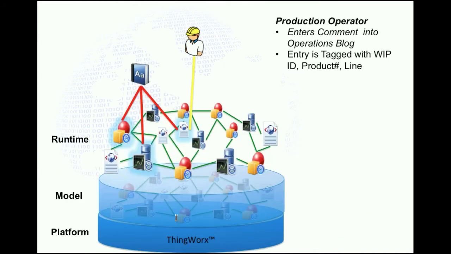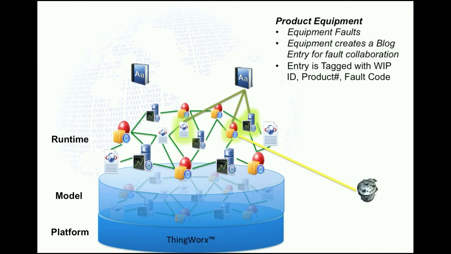So in operation, a production operator might enter a comment into the operator's blog. This entry then becomes tagged with all of the context necessary to relate this at some future date. This would be tagged with the current WIP ID, the product ID or the product number, which line it was on, the time, the date, etc. So let's say a piece of equipment has a fault.